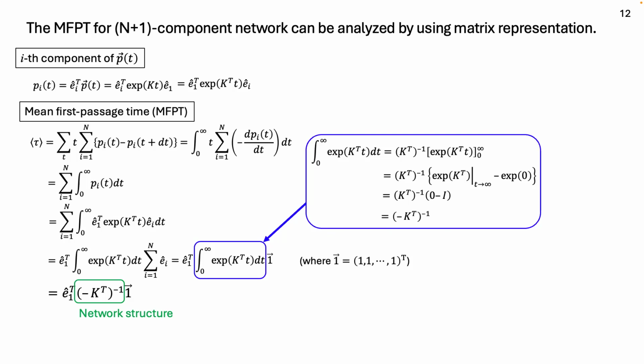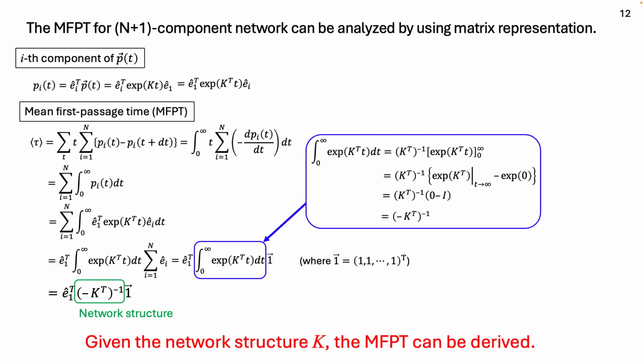It's simply calculating the inverse of minus K transpose. So you understand, if given the network structure K, we can derive the mean first passage time.